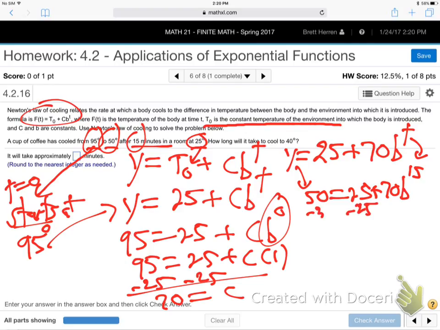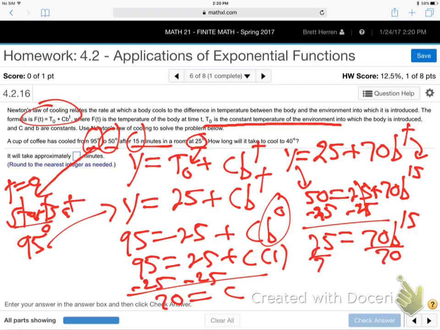Subtract 25 from both sides. Divide by 70. 25 over 70. What's that? 0.3571428 equals B to the 15th.